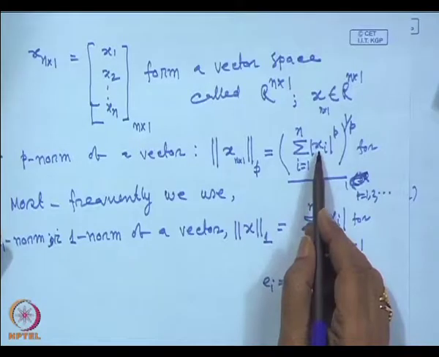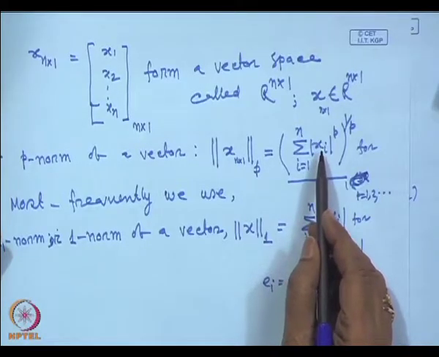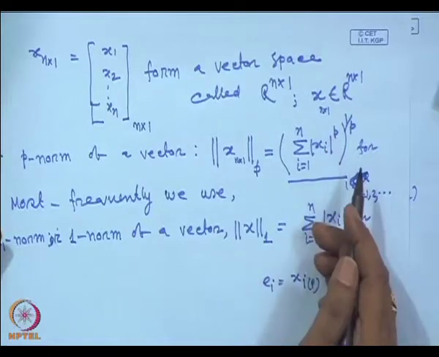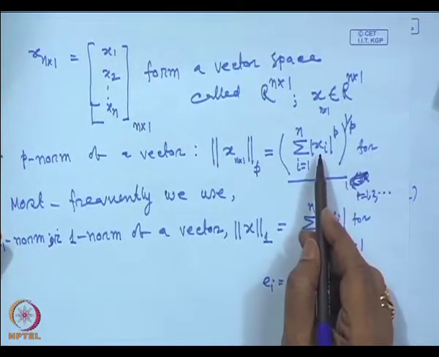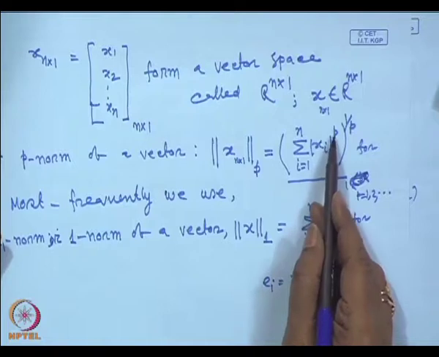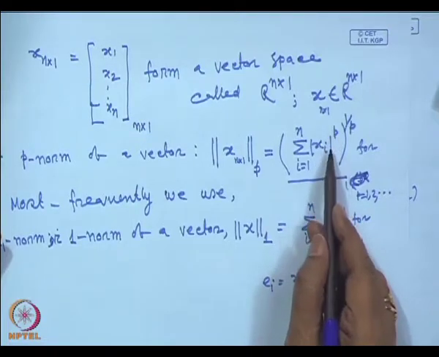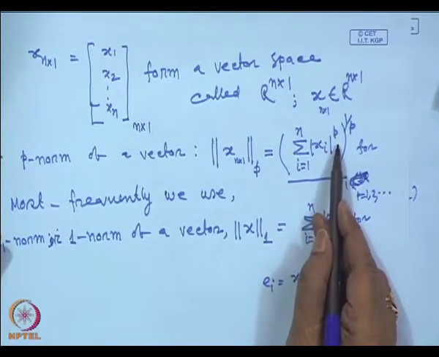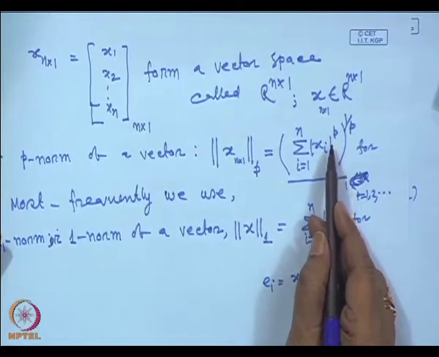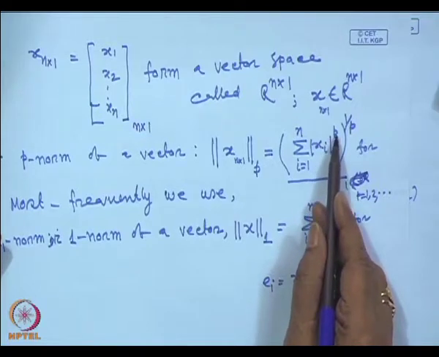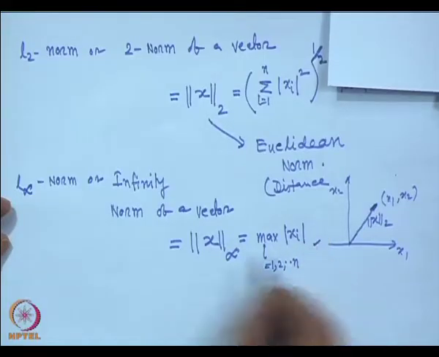Now x 1 is less than 1, so to the power of infinity it is 0. 2 to the power of infinity is infinity, and x 3 is greater than 1, but 5 to the power of infinity is also infinity.